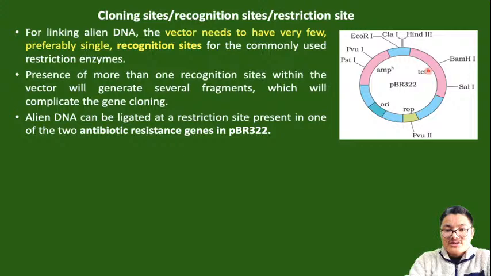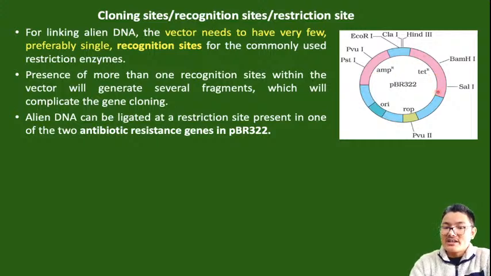So in the case of alien DNA, we can ligate or join the alien DNA at a place in this pBR322, particularly at two of the genes, the ampicillin resistance gene and the tetracycline resistance gene.